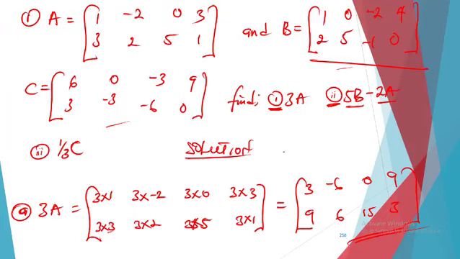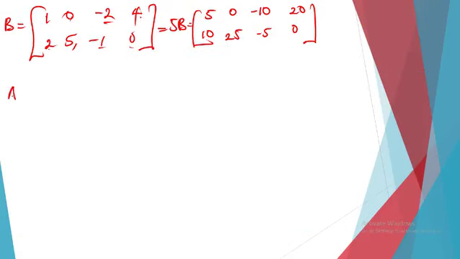Then we are asked to subtract 2A. So we'll find 2A. Let's copy our A down. Our A is equal to the matrix 1, minus 2, 0, 3, 3, 2, 5, 1.